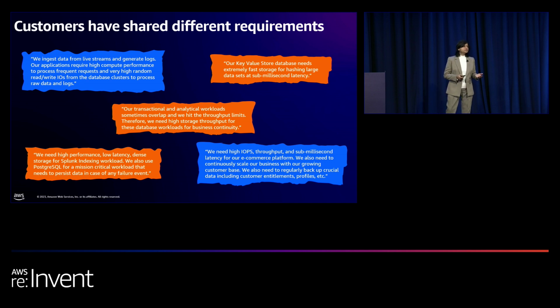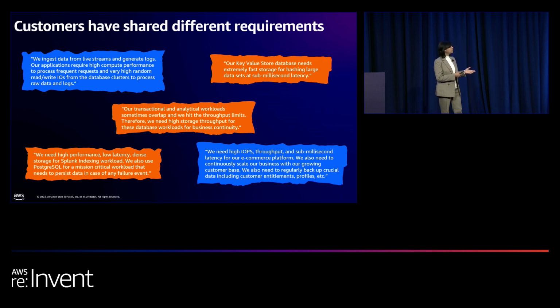Others have mission-critical data and want data persistence for that kind of storage, and they want data to stay with them across any AZ failure type of events. And others also want to do regular backups to keep a copy of their data.